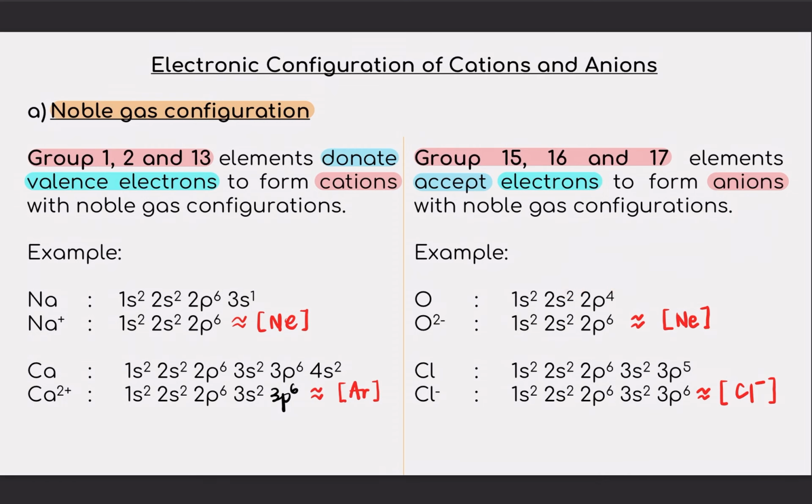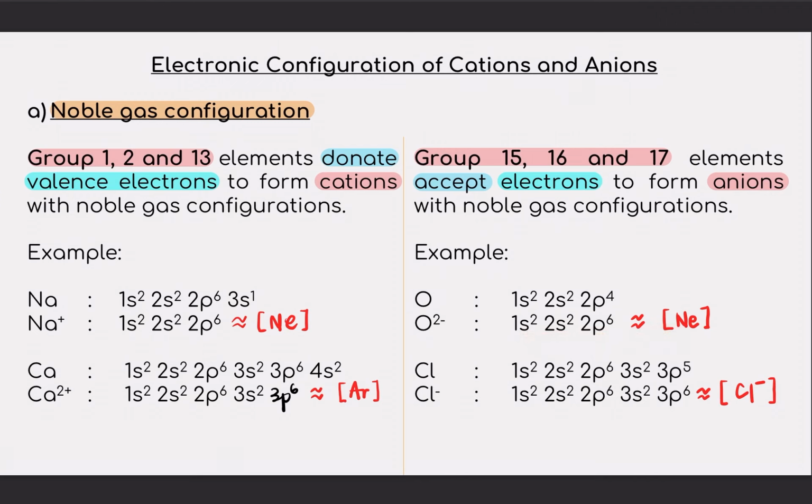In order to do that, oxygen will form O2- by gaining 2 more electrons in the 2p orbital. Now in the valence shell, the second shell, you have 2 plus 6 electrons, a total of 8 valence electrons, right? So O2-, dia punya electronic configuration is the same as the noble gas neon.